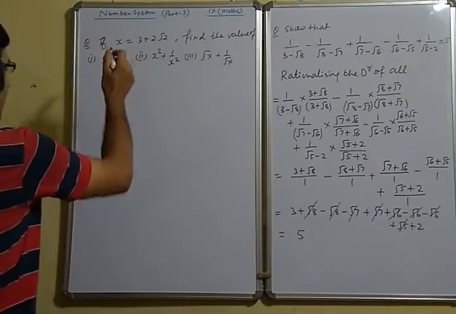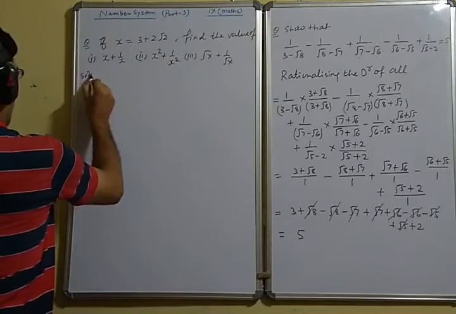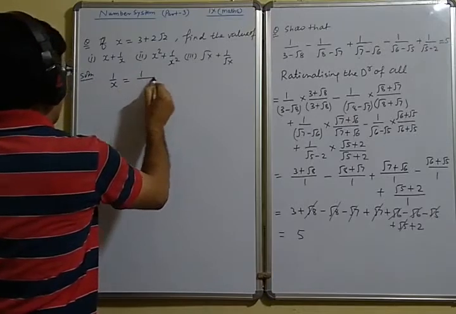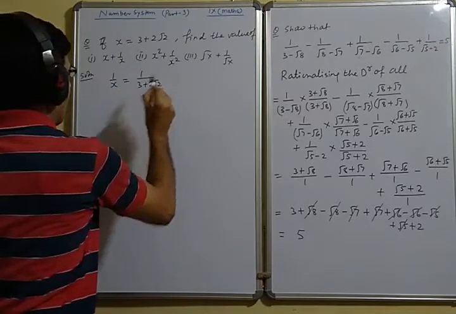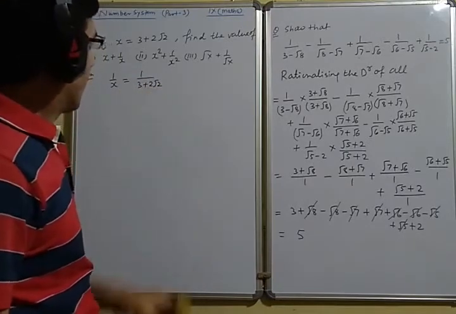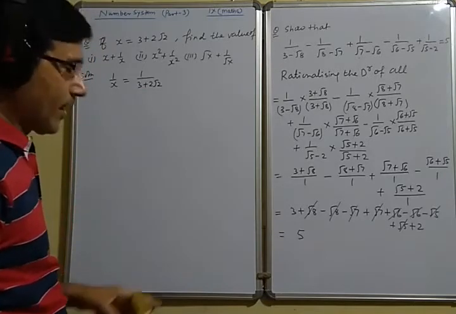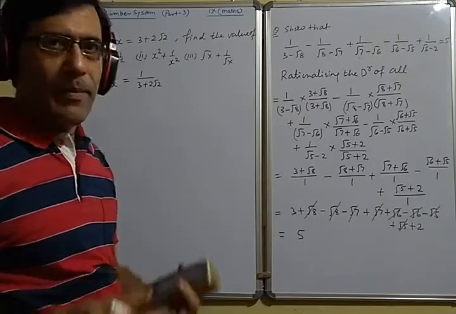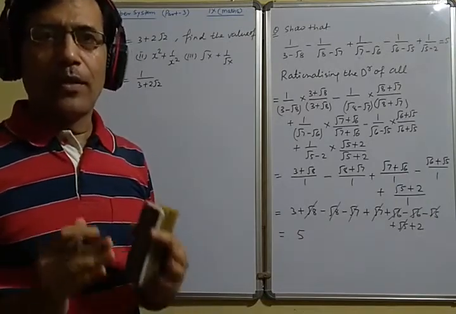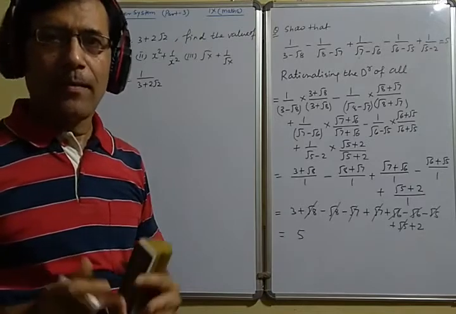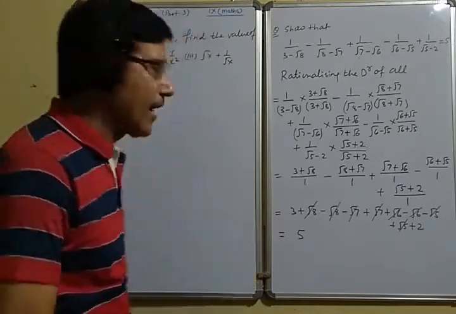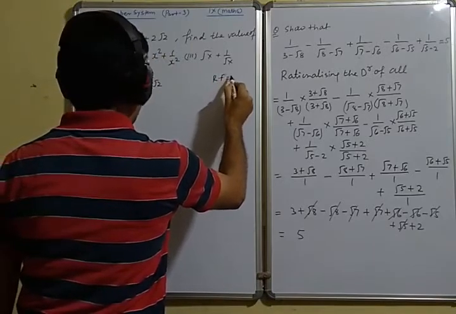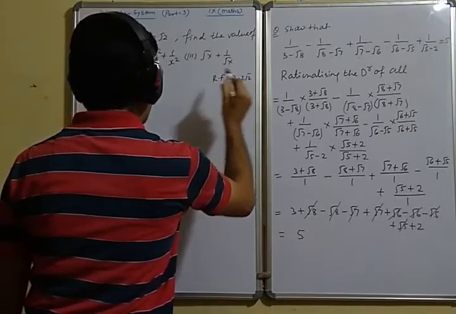So now here x is given, so 1 upon x is equal to 1 upon 3 plus 2 root 2. Now there is an irrational number in the denominator, so we have to rationalize it. So we will multiply both numerator and denominator by its rationalizing factor. Now here the rationalizing factor is 3 minus 2 root 2.